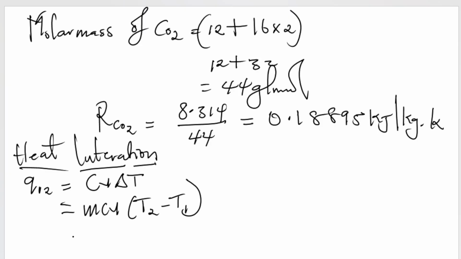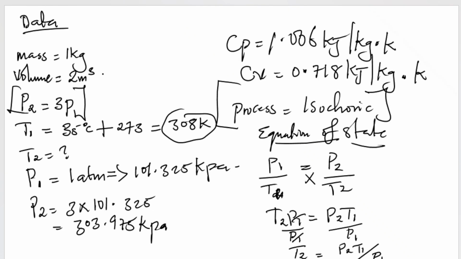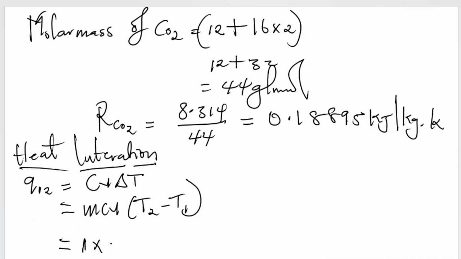Are we together? Now inputting the values, mass was given to be 1. What are we given to be our constant volume specific heat? From our question, we were given 0.718, right?